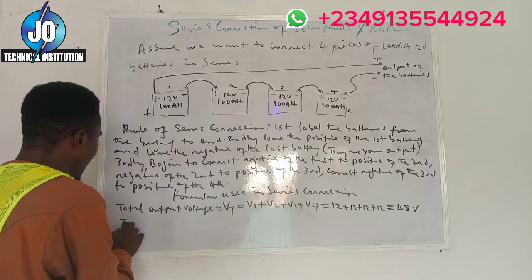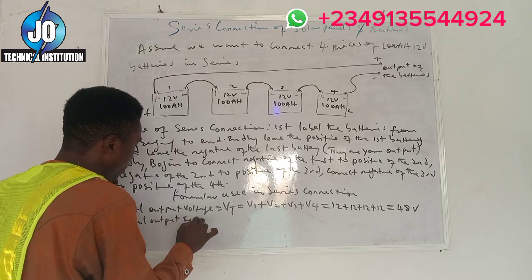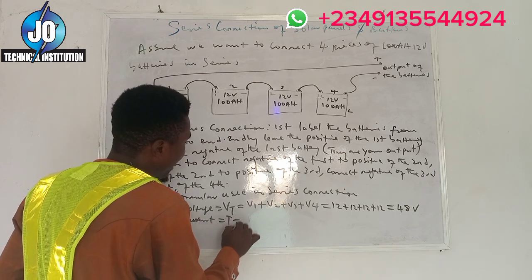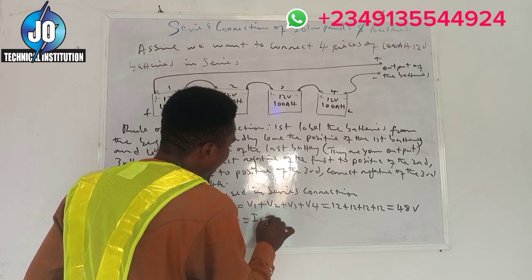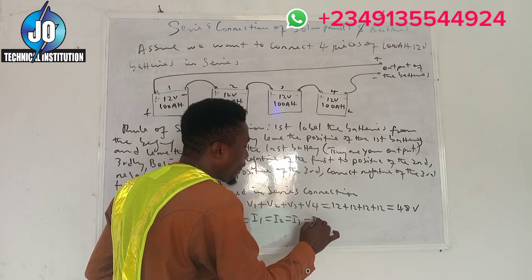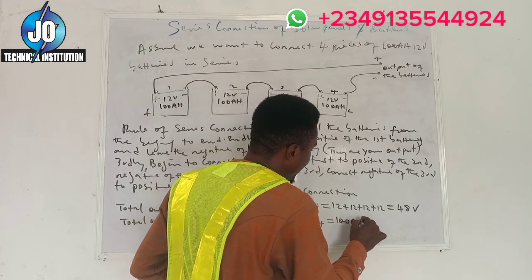Now, the total output current, the I total, will be current 1 equal to current 2 equal to current 3 equal to current 4, which gives us the same current, which is 100 Ah.